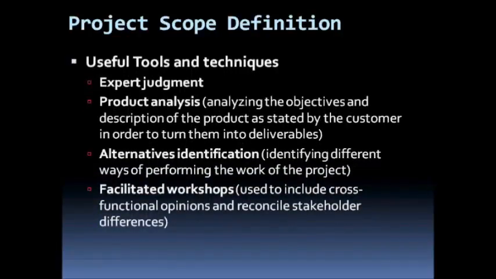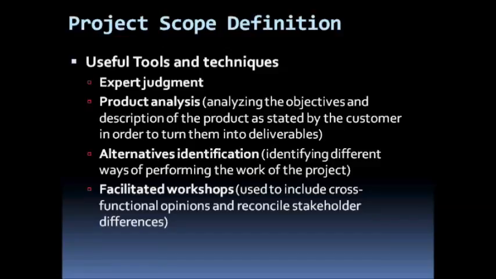Useful tools and techniques that we could employ as a means of arriving at our outcome, which is a good scope statement for our project, would include expert judgment, where we consult experts or people who have specialized knowledge in coming up with a project scope.